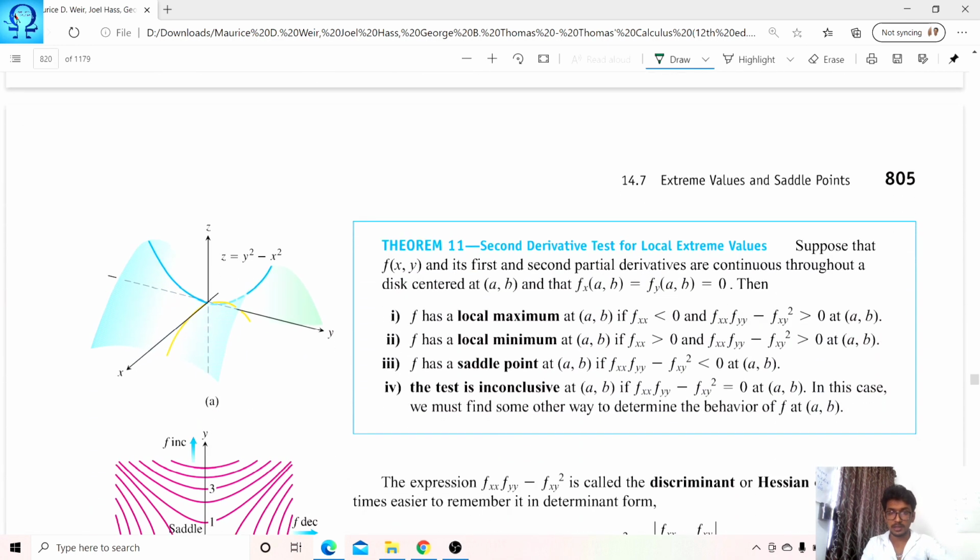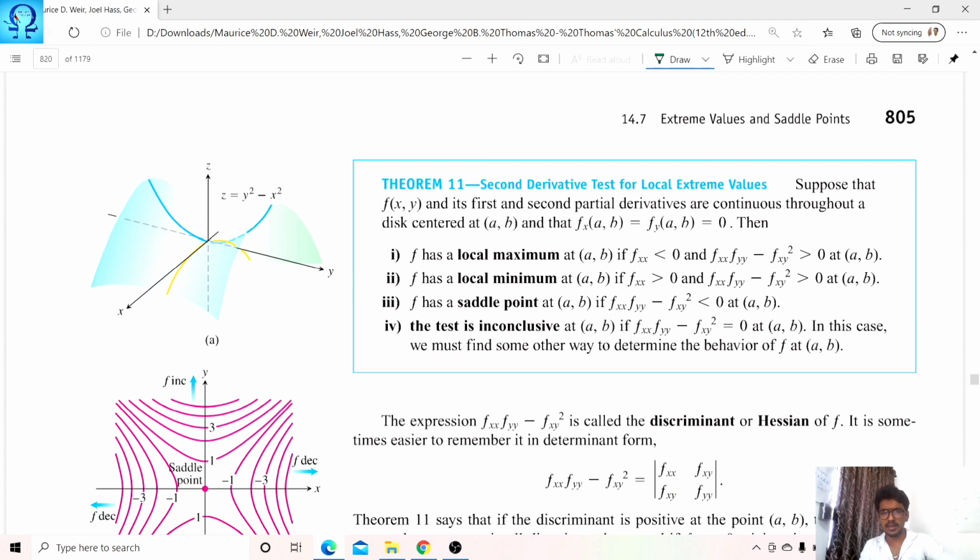Moving further, exactly the same ideas that we have seen in the one variable case are extended to the two variable case. First, you identify the first derivatives and equate them to 0. That's fine.